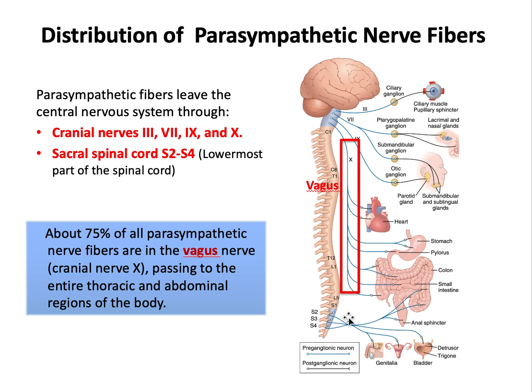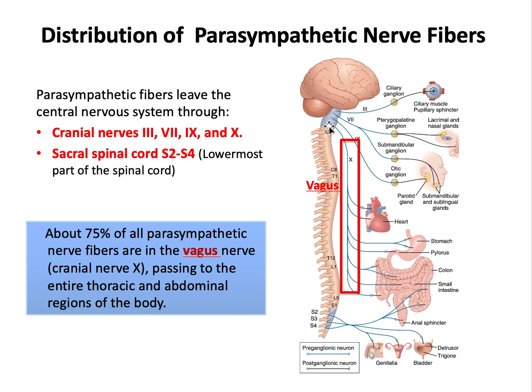So it's craniosacral. In the cranial segment, we have cranial nerve 3, which is oculomotor, 7, which is facial, 9, glossopharyngeal, and 10, vagus. I'm not going to expect you to memorize all of these, but the one I want you to know for sure is cranial nerve 10, the vagus nerve.